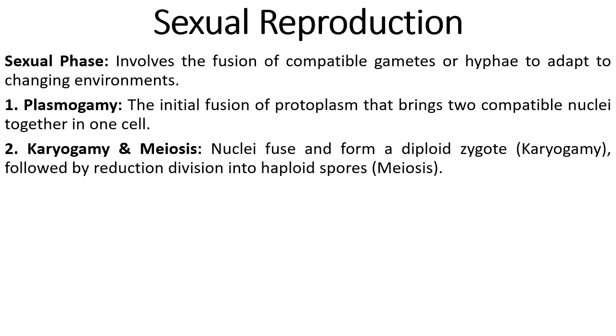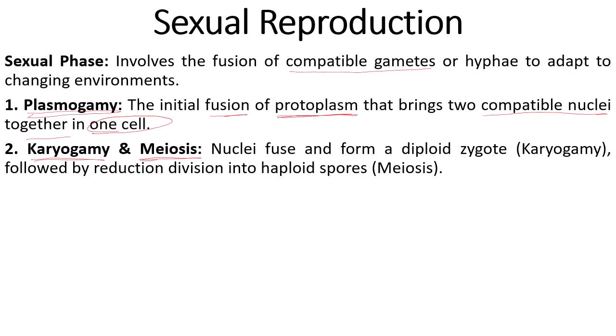Here you can see how sexual reproduction takes place in fungi. There is an involvement of compatible gametes or hyphae, and it takes place in three steps. First step is plasmogamy, second step is karyogamy, and third step is meiosis. In plasmogamy, there is a fusion of compatible protoplasm, and two compatible nuclei come together in one cell.